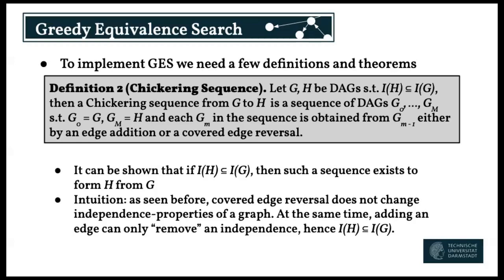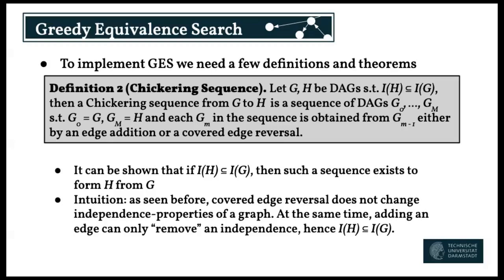It basically tells you, if you have two graphs where H is an independency map of G, which simply means that H entails all the independency statements of G, but G might entail more of them, then you find a sequence of covered edge reversals or edge additions, such that you find a path over DAGs, where your starting DAG is G and your end DAG is H. So you can turn G into H by adding edges or reversing covered edges.